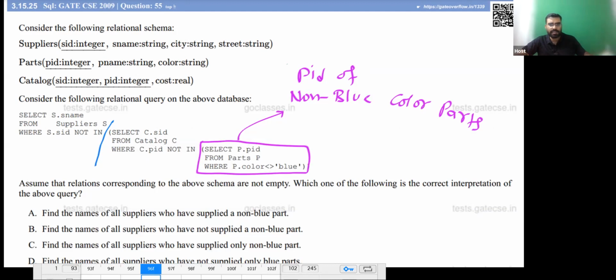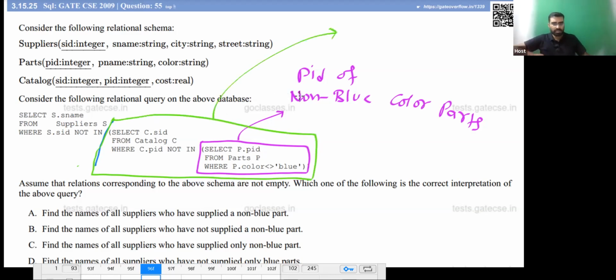Yes, so tell me, what will happen here? What are you doing in this? You are selecting from the catalog. You are selecting SID, those suppliers, where PID is not in this.